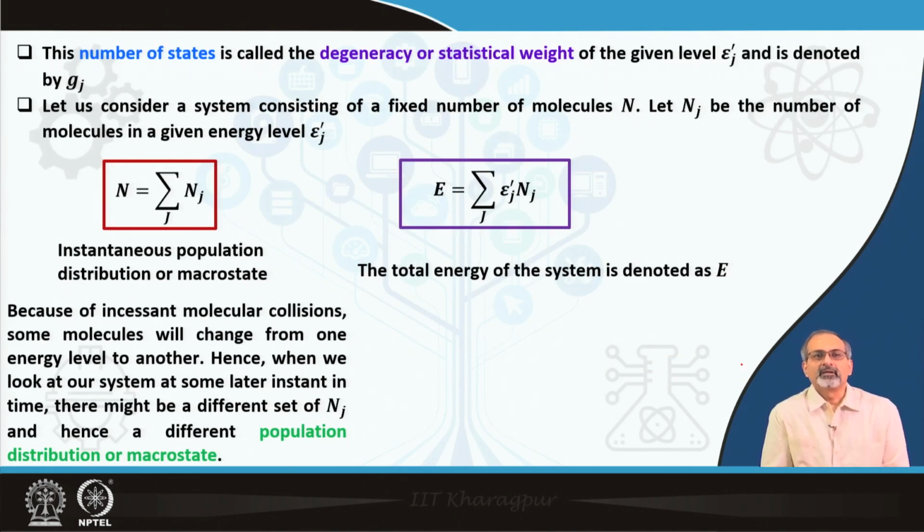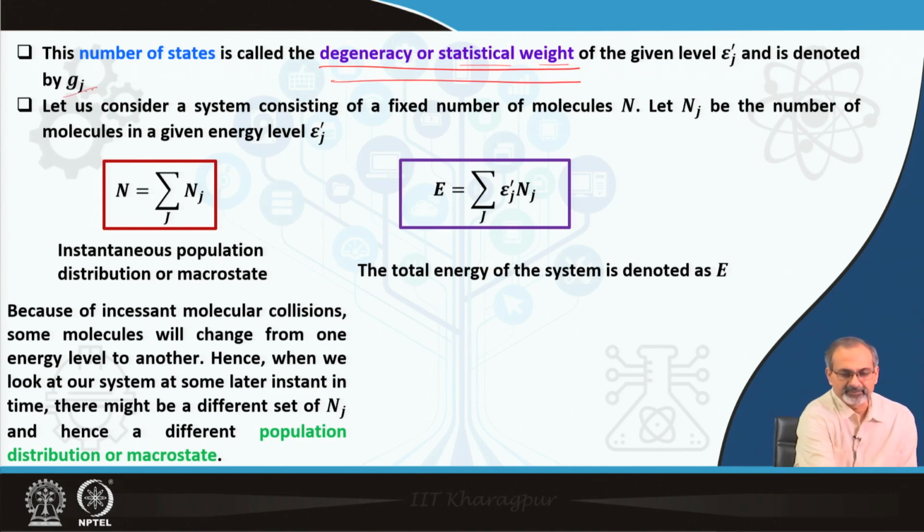Finally, the number of states that we are talking about over here, which may arise due to the rotational momentum that the molecule possesses in a quantized sense, is called the degeneracy or statistical weight of the given level epsilon j dash, and is denoted by g j.